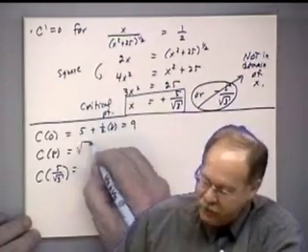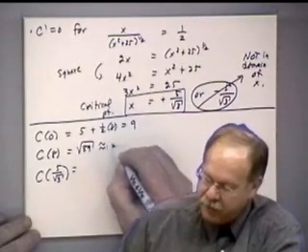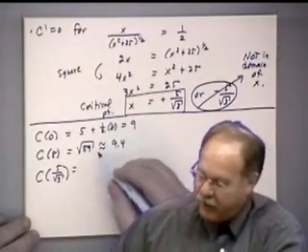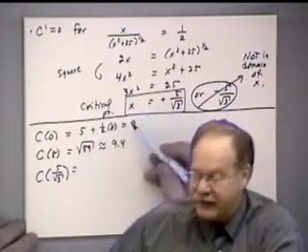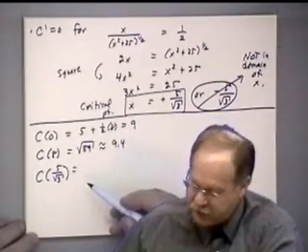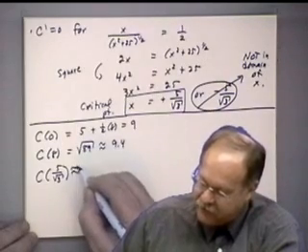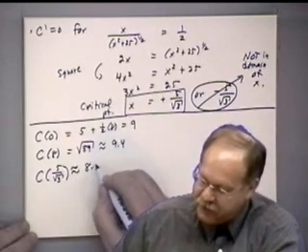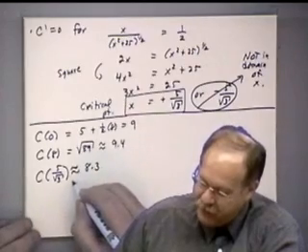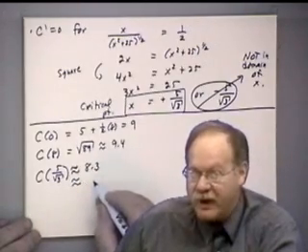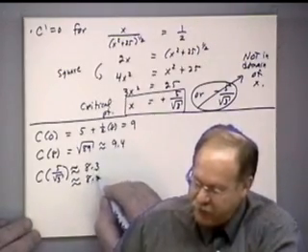If we put 8 in, we get the square root of 89, which is approximately 9.4. And we need to have some sort of approximation here because I need to compare these to find the largest. And then when I compute this one, if I simplify it, I get approximately 8.3.